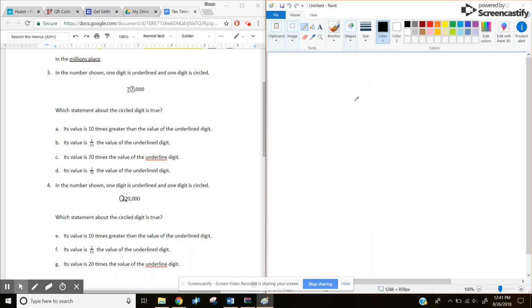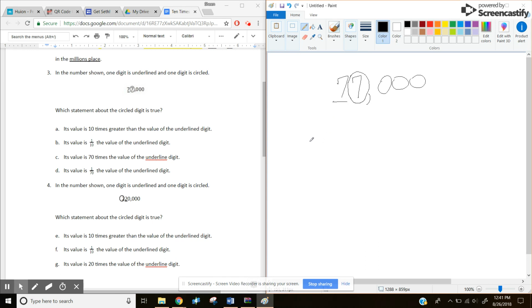So we're going to have to figure that out on our own. So my number is 77,000. The very important one, which is circled, is the 7 in the thousands place. And the second place value we see is the underlined, which is the 7 in the 10,000s place.